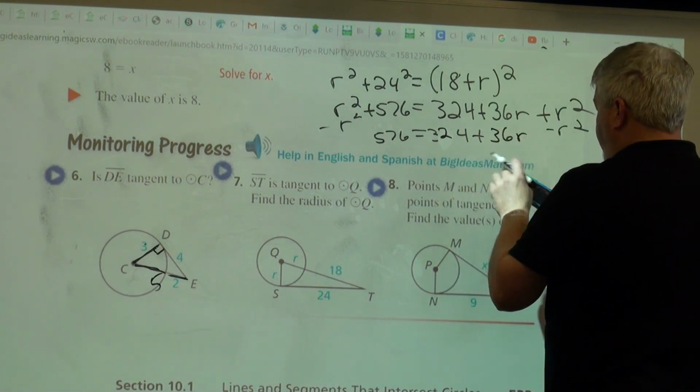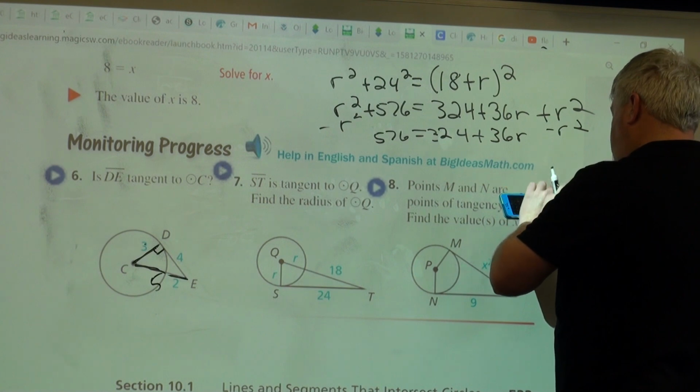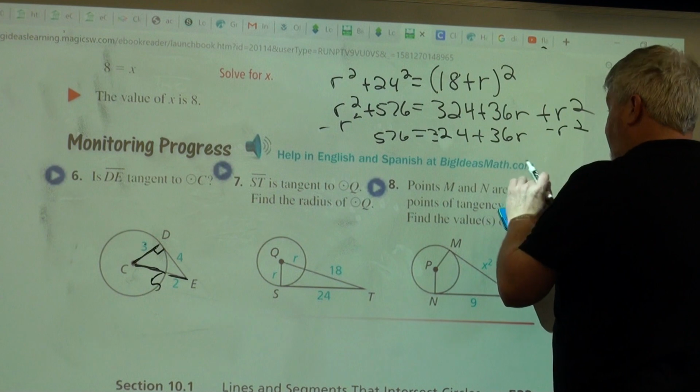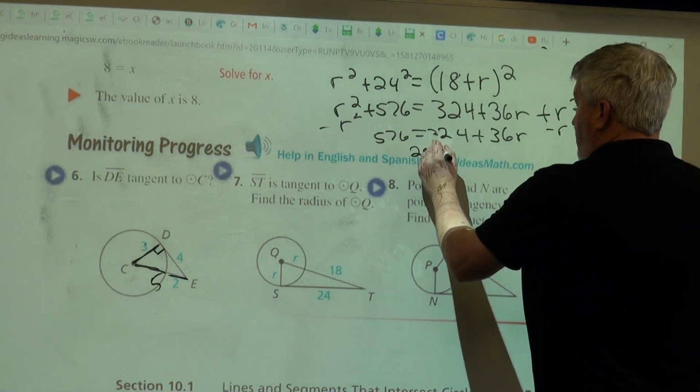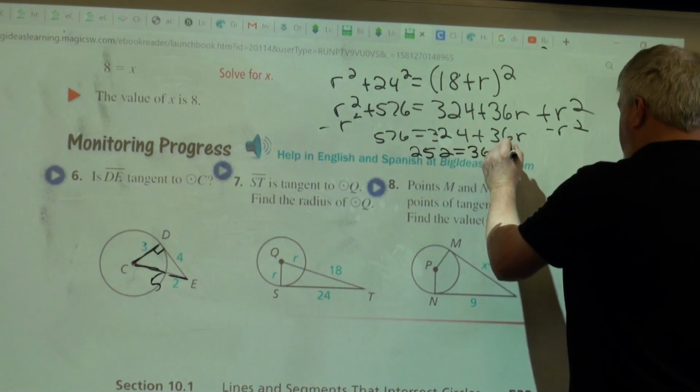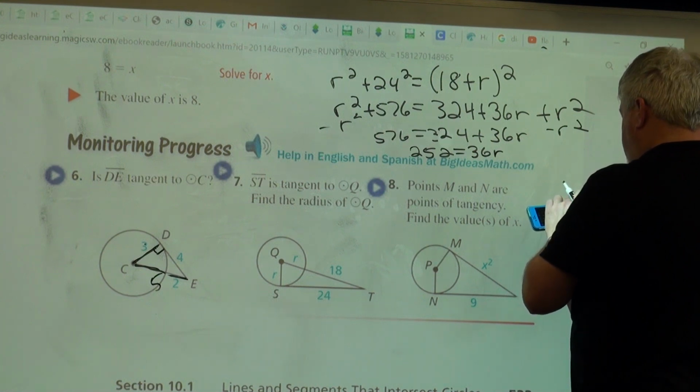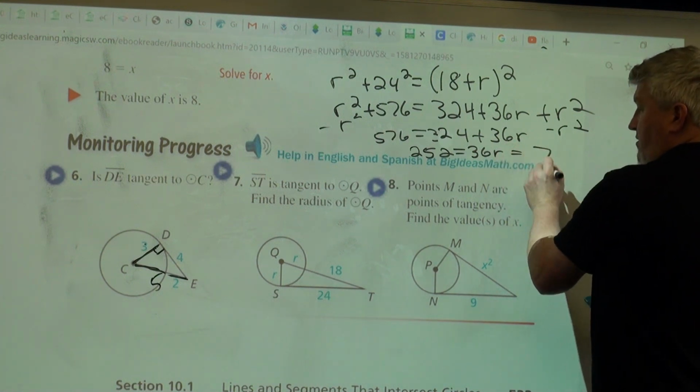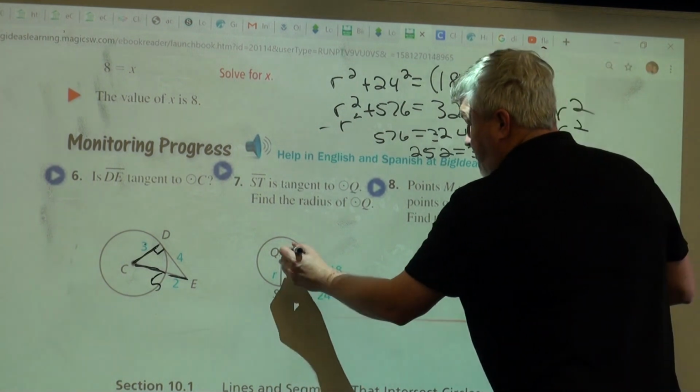Subtract 324 from 576. I get 252 equals 36r. Divide by 36, and it's 7. The radius is 7.